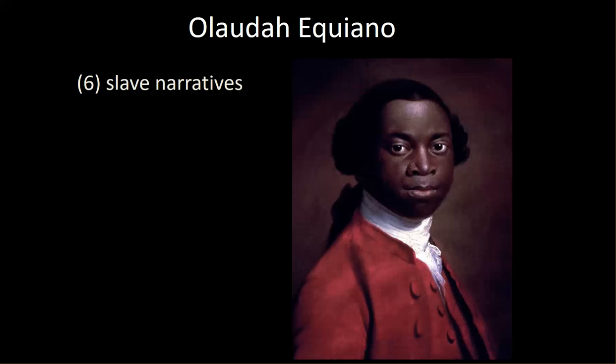His life also illustrates a lot of the patterns of 18th century American history. This is a period of intense development, but also growing connections with the rest of the world. As Equiano's life shows, the Atlantic Ocean was not a barrier between the old world and the new world. It's a bridge.